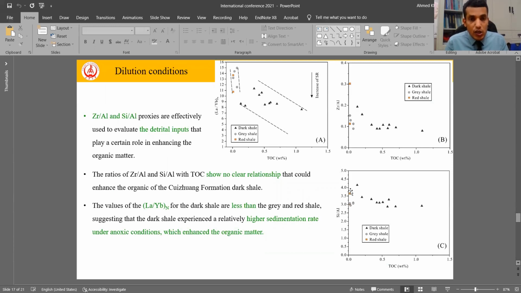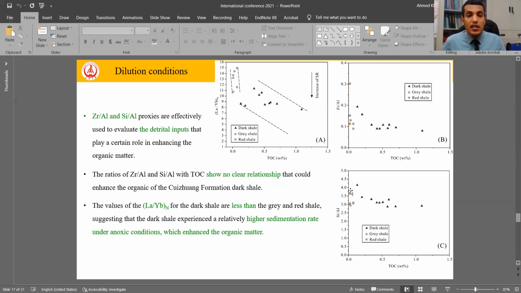Dilution conditions, including the detrital inputs and sedimentation rates. We used some proxies of detrital inputs, and it shows that there is no positive correlation with TOC, indicating that the detrital inputs had no effect on the enrichment of the organic matter.